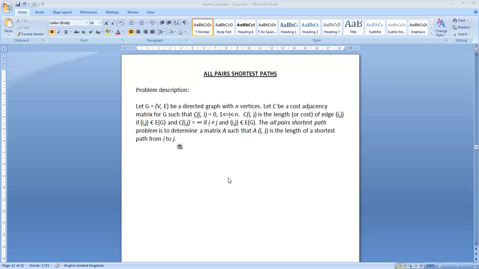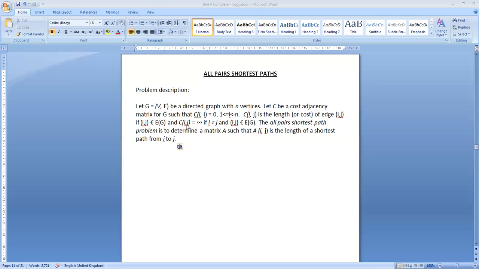The cost from a vertex i to the same vertex i is 0. The cost of (i, j) is the length of the edge (i, j) of the graph if (i, j) belongs to the edge set.